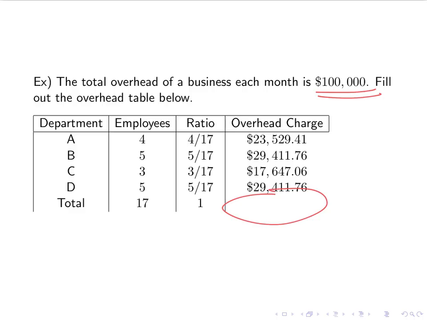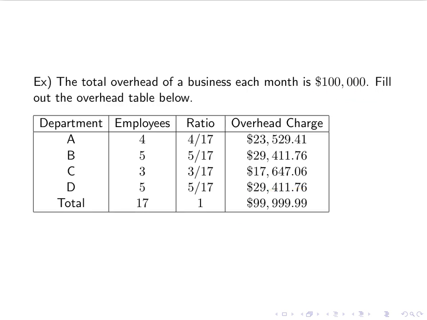If you're off by 4 pennies or 5 pennies or $1, $5, that's not good. But the basic rule of thumb is you can be off by a penny for every 2 departments you have. So since I have 4 departments, I can be off by as much as 2 pennies, and it's not going to be wrong.